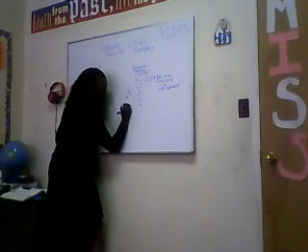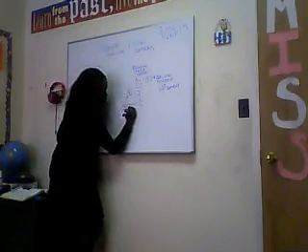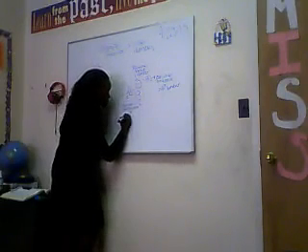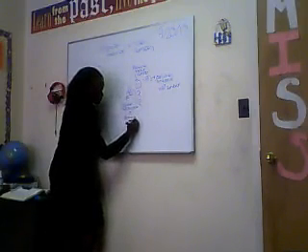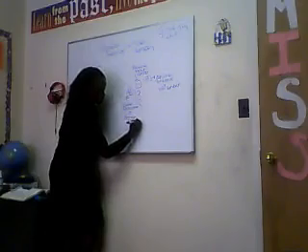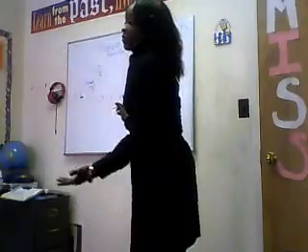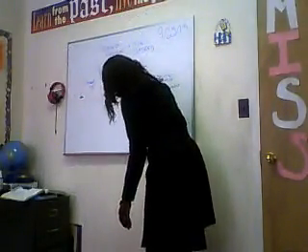Denominator, or bottom number. So, for a mixed number, I have to have a whole number and a fraction.